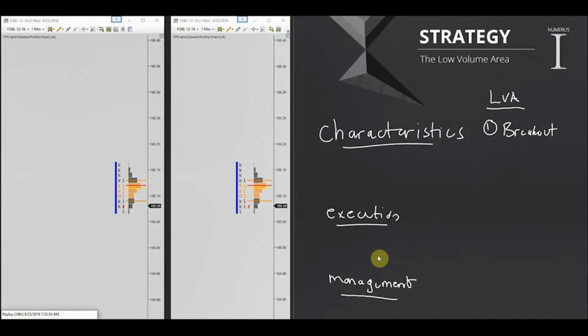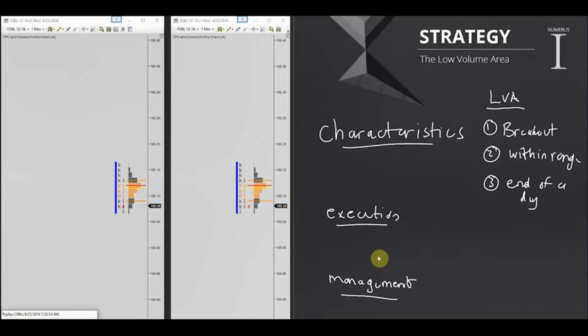The second one we spoke about was where we had a breakout within range. So within the previous day's range, the market left a low volume area. And then the third type was where we had a low volume area at the end of a day. These are three various types of context that you'll find a low volume area strategy within.